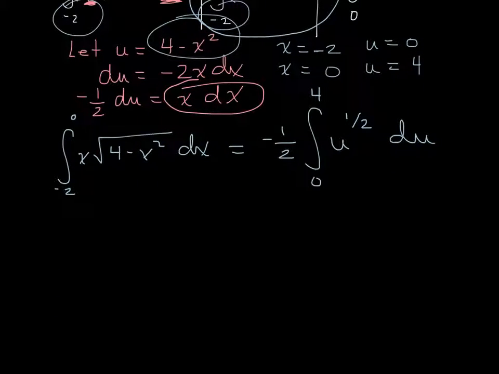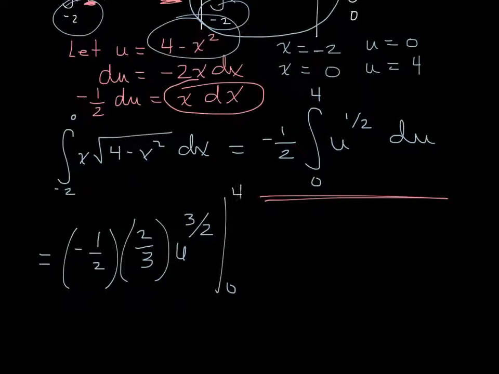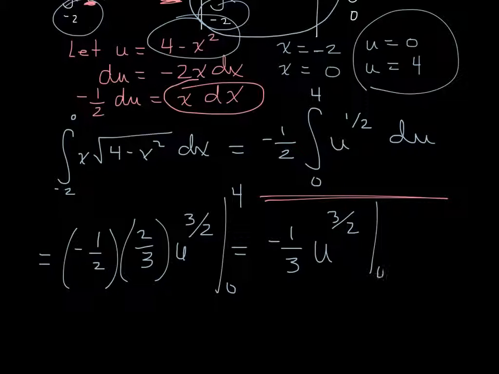Alright, so now I can take this, find the antiderivative of it, and then evaluate it. So this is going to become -1/2 times 2/3 u to the 3/2 power, and we're evaluating it from 0 to 4 because we're leaving this in terms of u. Or I can cancel some things, and that's -1/3 u to the 3/2 from 0 to 4.